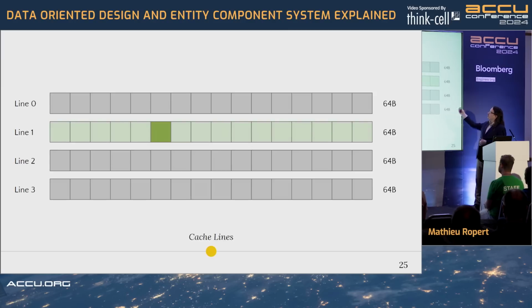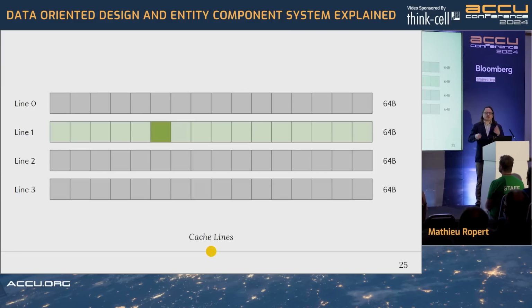There's a modulo operation, but basically you take the address modulo the number of entries, and that tells you which line it falls on. On most modern CPUs, it's 64 bytes. So assuming each one of those is a 32-bit integer, you have 16. So every time you read an int, you actually get 16 ints back for free.